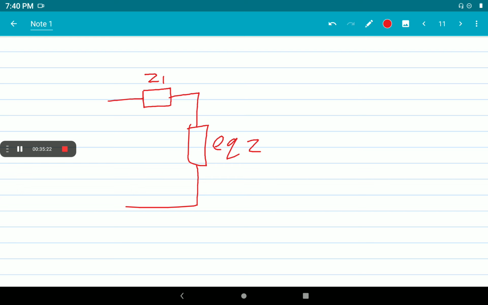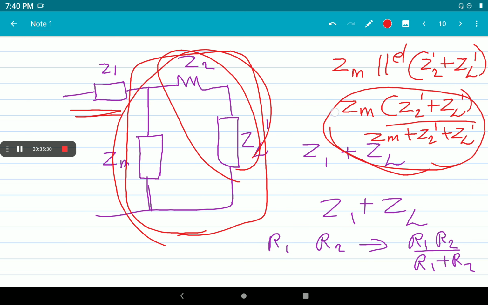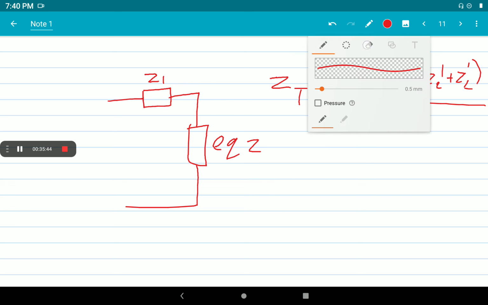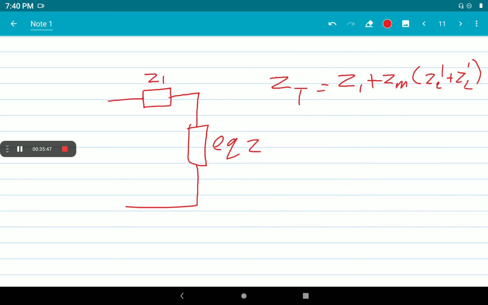So what is the total impedance, Z total? Z1 plus the equation you just obtained, that is Zm into Z2 dash plus ZL dash, whole divided by Zm plus Z2 dash plus ZL dash. This is the total impedance of the circuit.